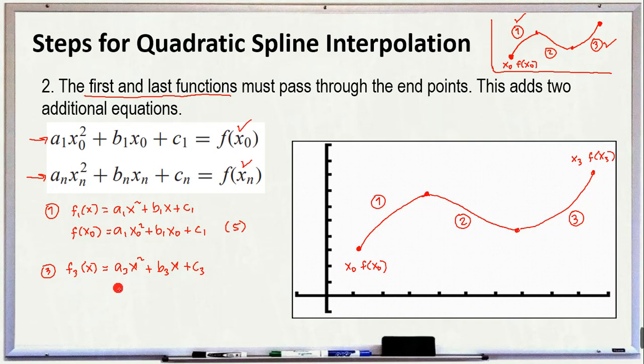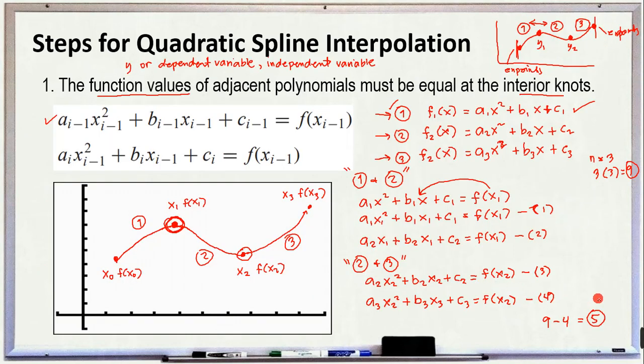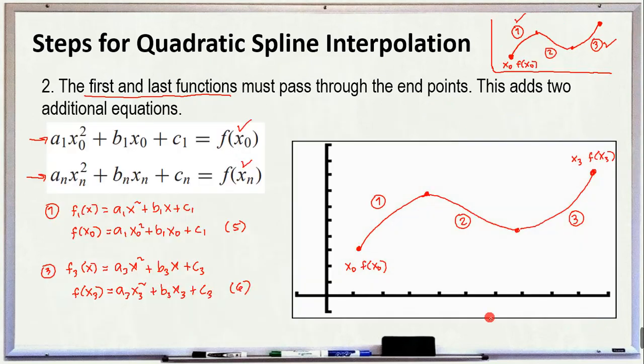If we input the second endpoint, that is f of x3 equals a3 x sub 3 squared plus b3 x sub 3 plus c3. So this is our sixth equation. In our tracker from the previous slide, 5 were remaining. Here we generated two. So 5 minus 2, how many are left?